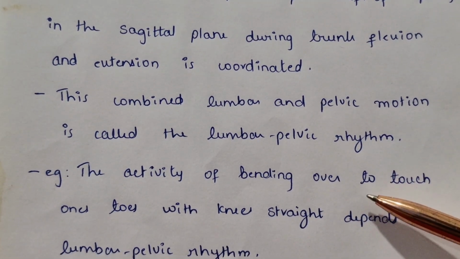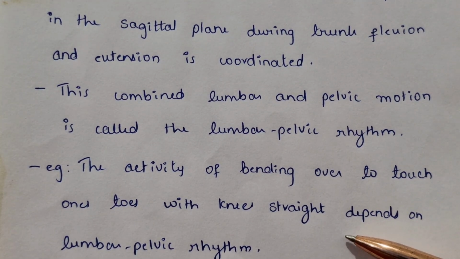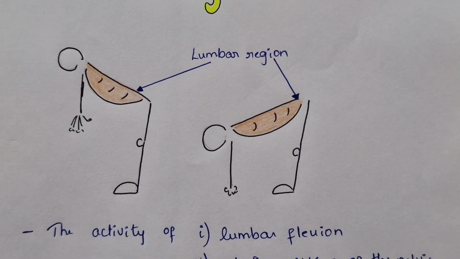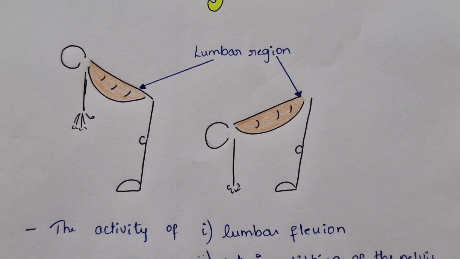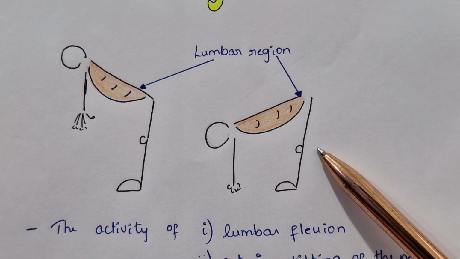The activity of bending over to touch one's toes with the knees straight depends on the lumbar pelvic rhythm. So we were referring to this diagram, that is touching one's toes or the ground without the knees bent.